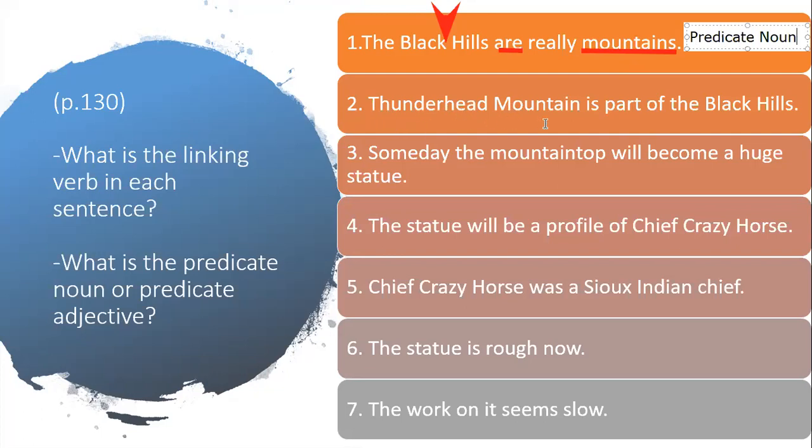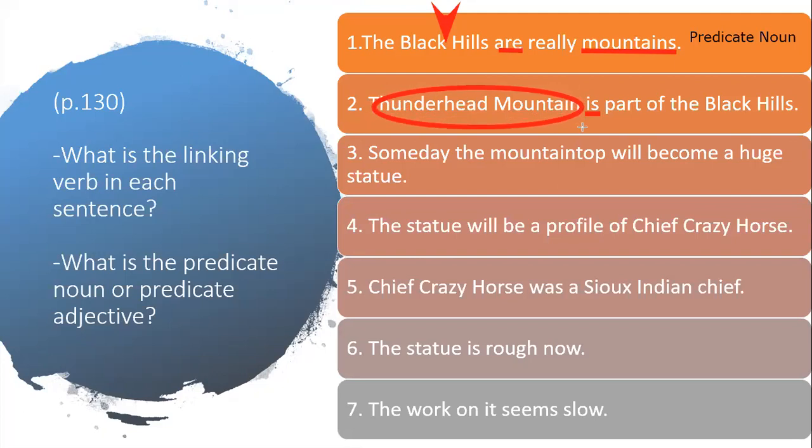Thunderhead Mountain is part of the Black Hills. We identify "is" as the linking verb in the sentence. And then we identify the subject.